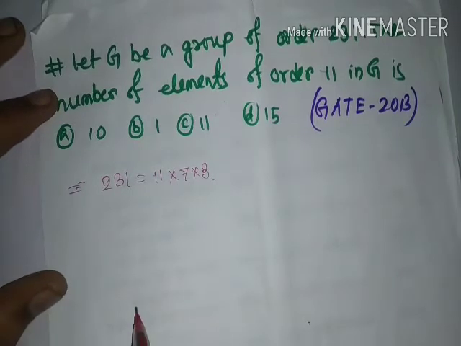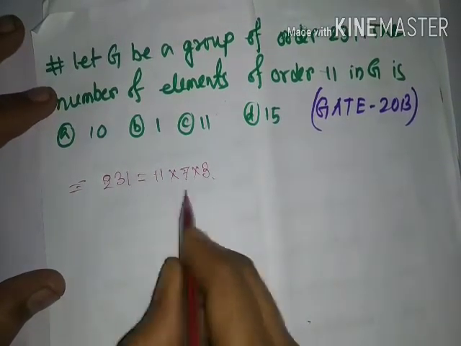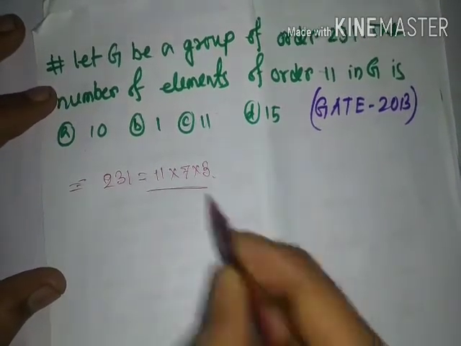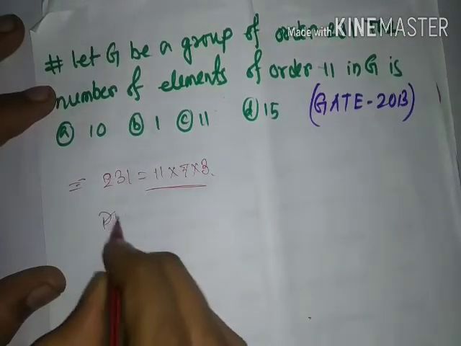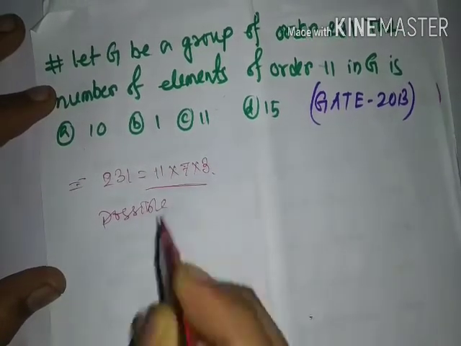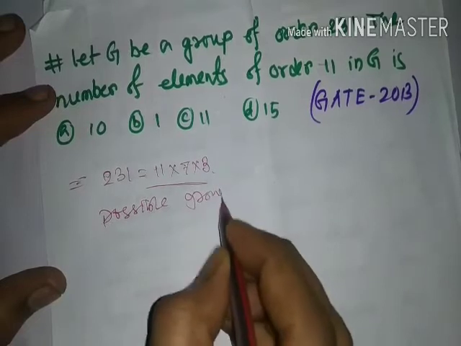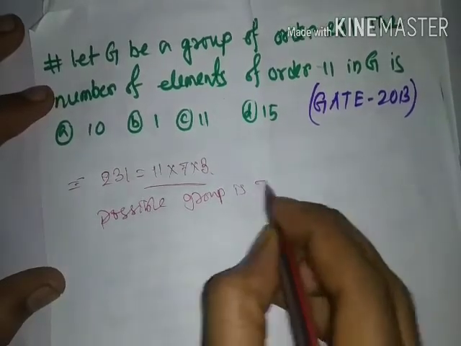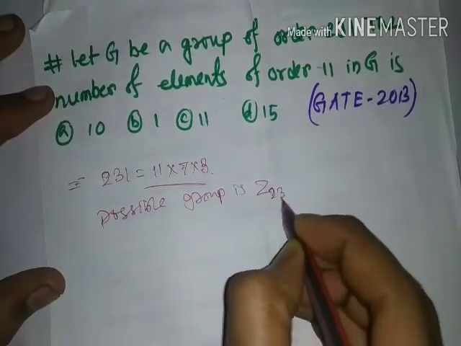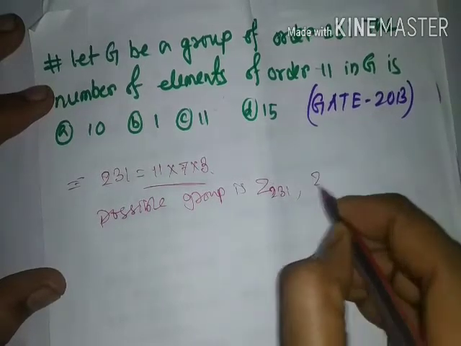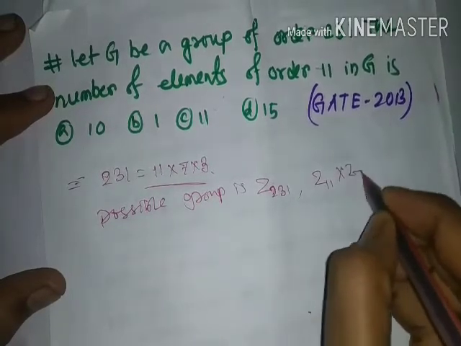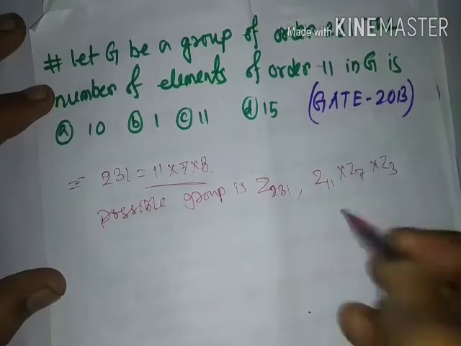So the possible group is Z231, or Z11 into Z7 into Z3.